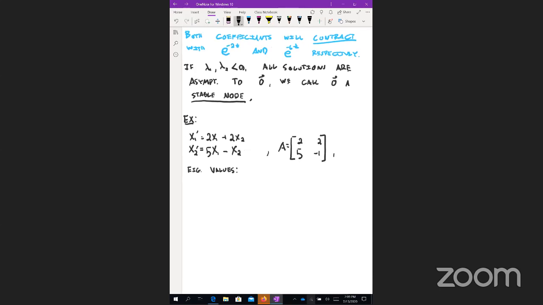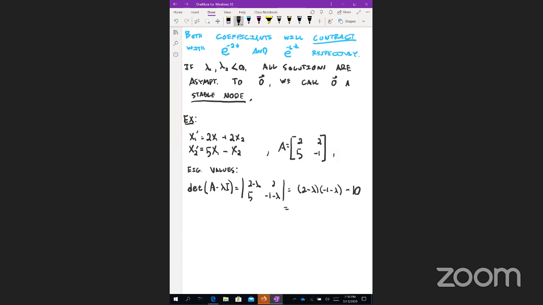So the eigenvalues are going to be the determinant of A minus lambda I, which is 2 minus lambda, 2, 5, minus 1 minus lambda. And so we're going to get 2 minus lambda times minus 1 minus lambda, minus 10.